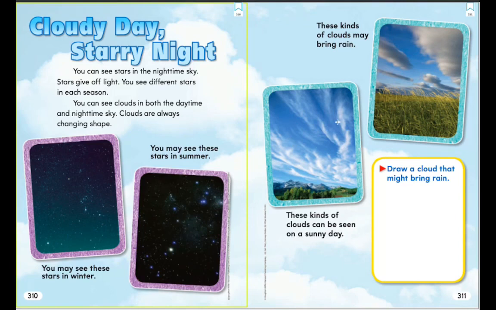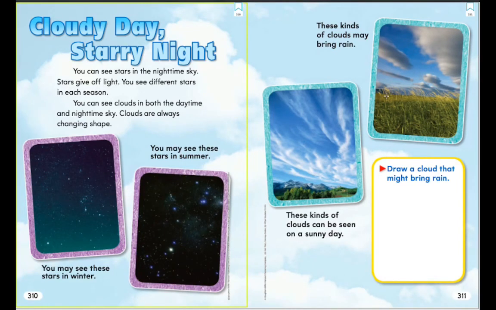Now, even the clouds are never the same. They are different. On a sunny day, it is white, fluffy, thin. But during the cloudy, rainy days, it is gray, and sometimes it looks very thick. So clouds and stars both look different in different seasons.